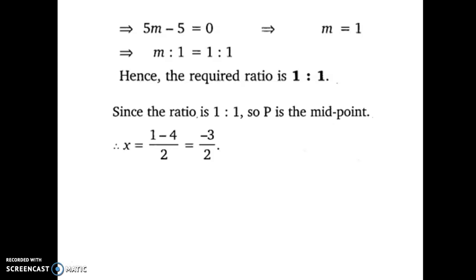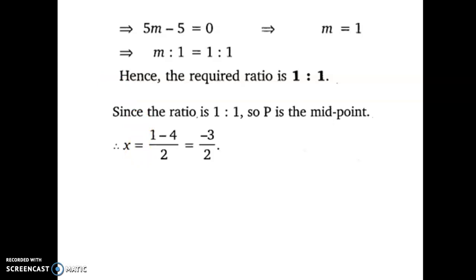Since the ratio is 1:1, P is the midpoint. Since it is the midpoint, you can use the midpoint formula in order to find the x coordinate of that point, because we don't know what x is. We can use both the x coordinates, (x1 + x2) divided by 2. That is the formula for finding the midpoint.